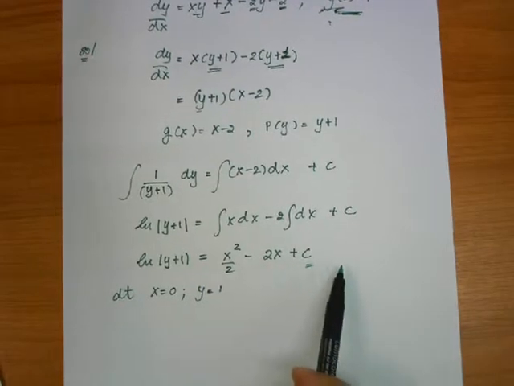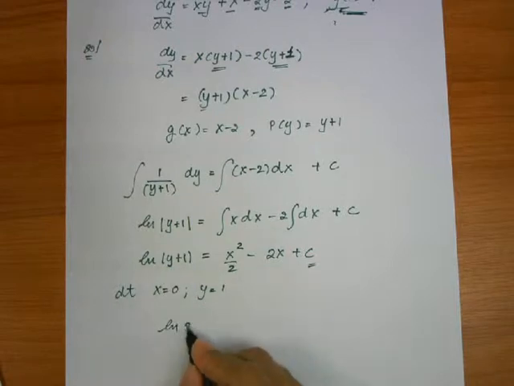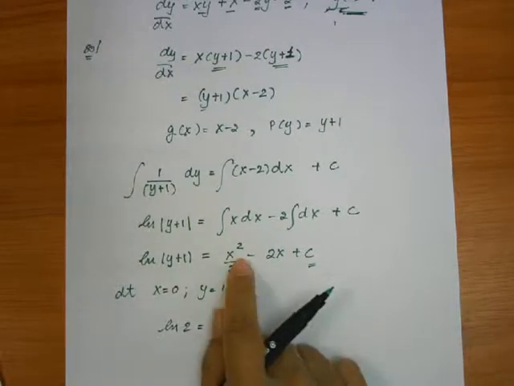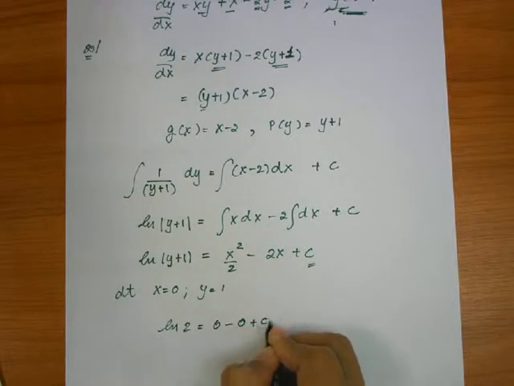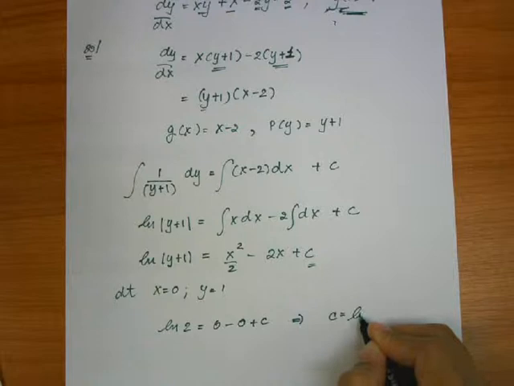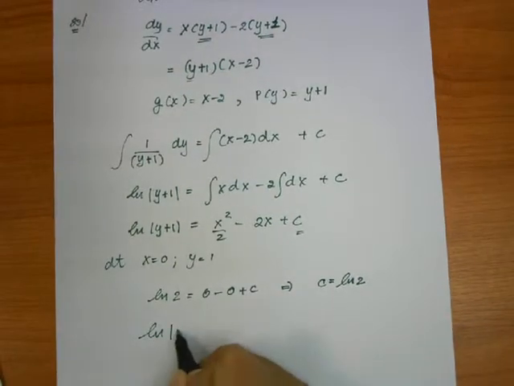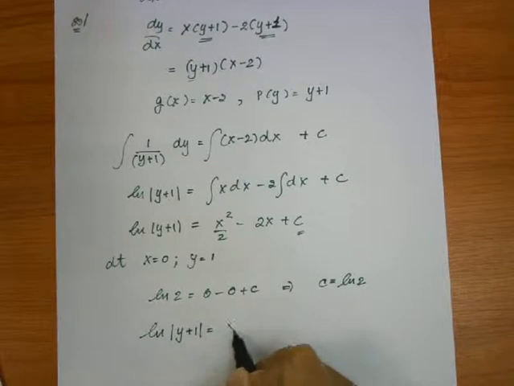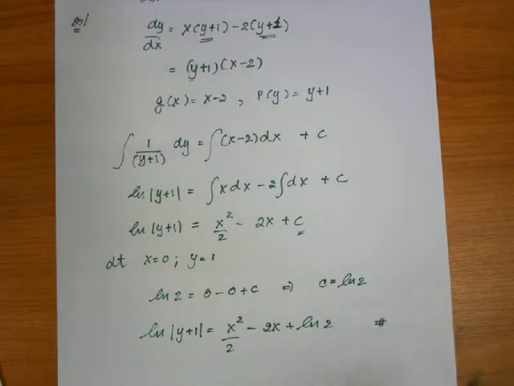So you plug y equal to 1 there, you would get ln 2 equal to, x equal to 0, 0 minus 0 plus c. So your c is equal to ln 2. So your answer would be ln(y plus 1) equal to x squared divided by 2 minus 2x plus ln 2. That's the answer.